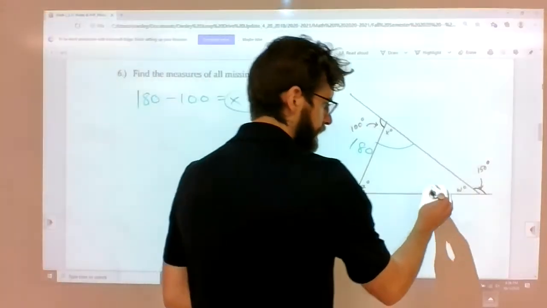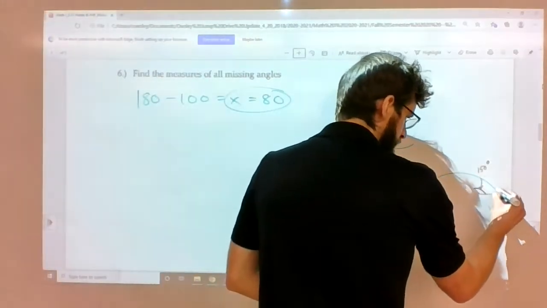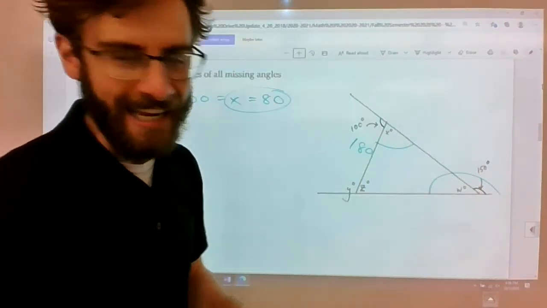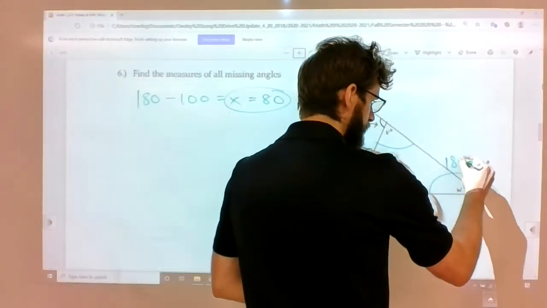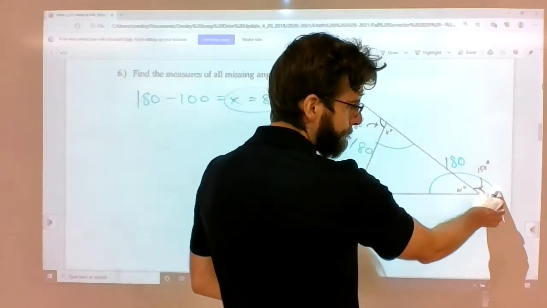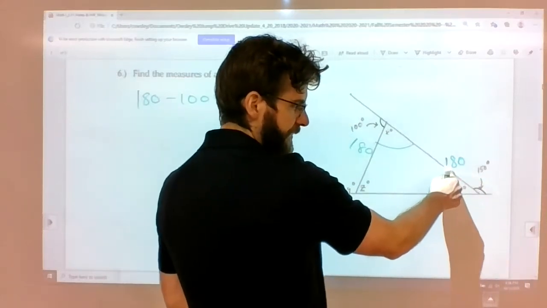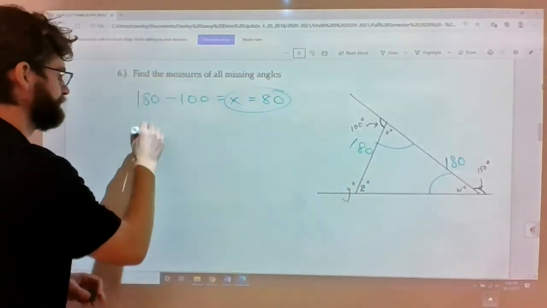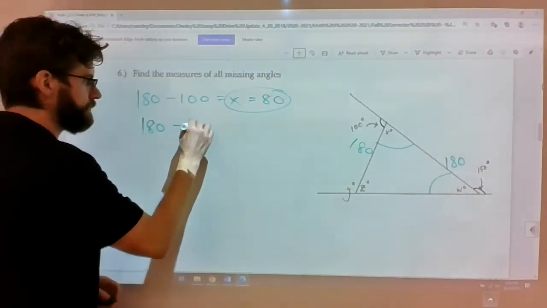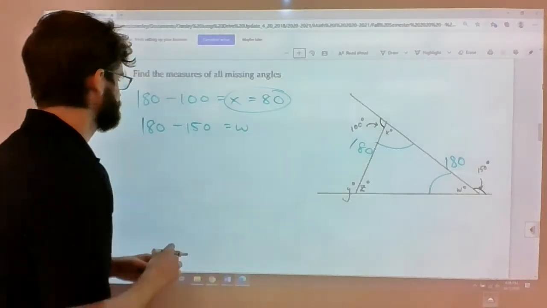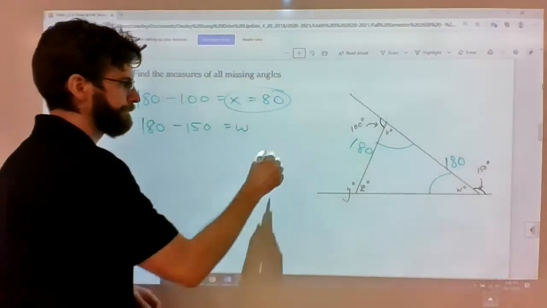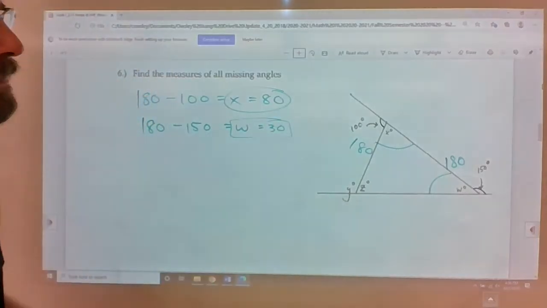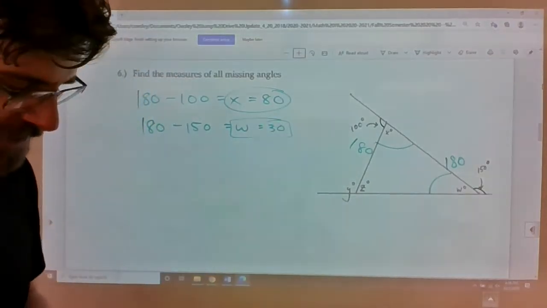Again, that whole part is also 180. So if we take 180 minus 150 degrees, that'll give me W. It's 30. Now here's the interesting part.